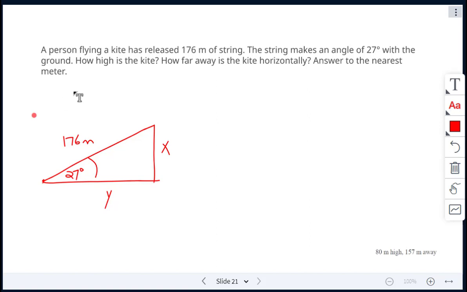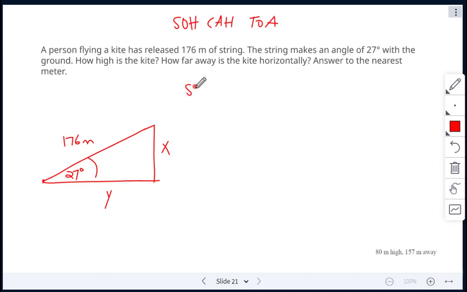So let's solve for height first. Okay, so we can use sine of 27 because opposite and hypotenuse. So we are trying to find x, and we are given the hypotenuse.